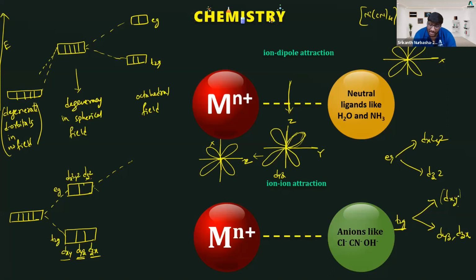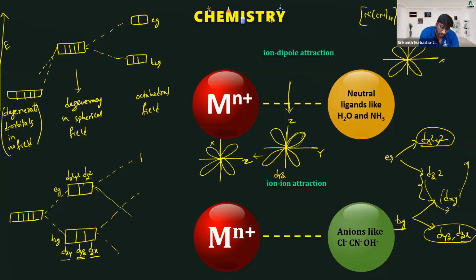Now the question is, dx square minus y square is the highest. That's fine. dyz, dzx, they are lowest. That's fine. But among dz square and dxy, which is highest, which is lowest? dxy is higher, dz square is lower. So complete splitting happens like this. Write down, all of you. This is your dx square minus y square, and after that you have dxy, after that dz square, after that dyz, dzx.